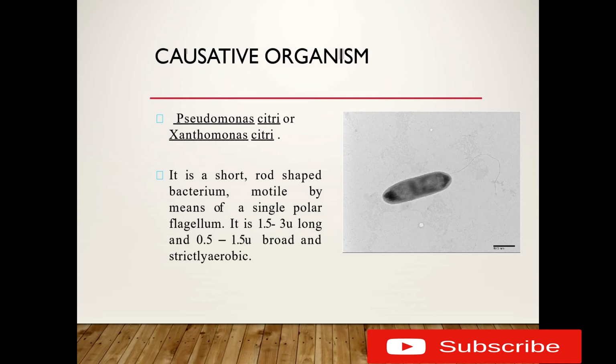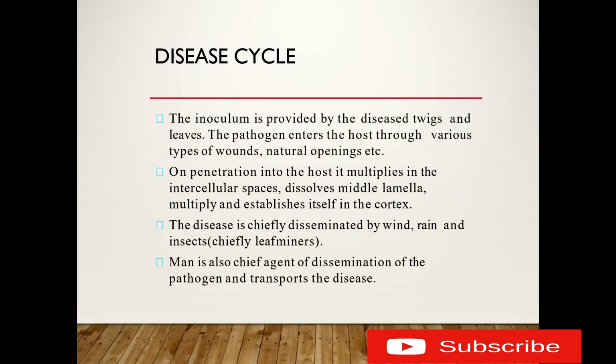You can remember that in Pseudomonas citrae, Pseudomonas is the genus, and citrae means the species which affects citrus species. So the causative organism is named Pseudomonas citrae or Xanthomonas citrae.